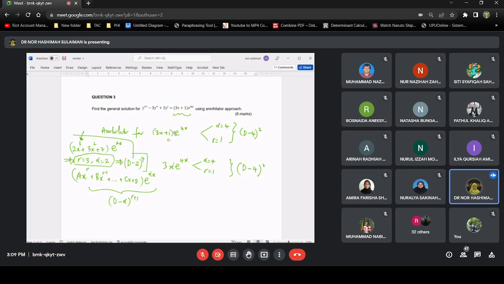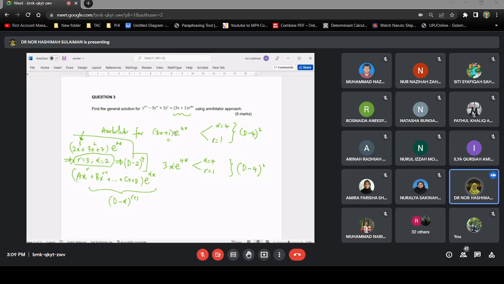Alright. So maknanya nak dapatkan general solution bagi yang itu, equation dia apa? Differential equation. Saya tunjuk sikit lah nanti opposite. D cube saya tukar dalam bentuk ni. Okay, D cube minus 3D plus 2.